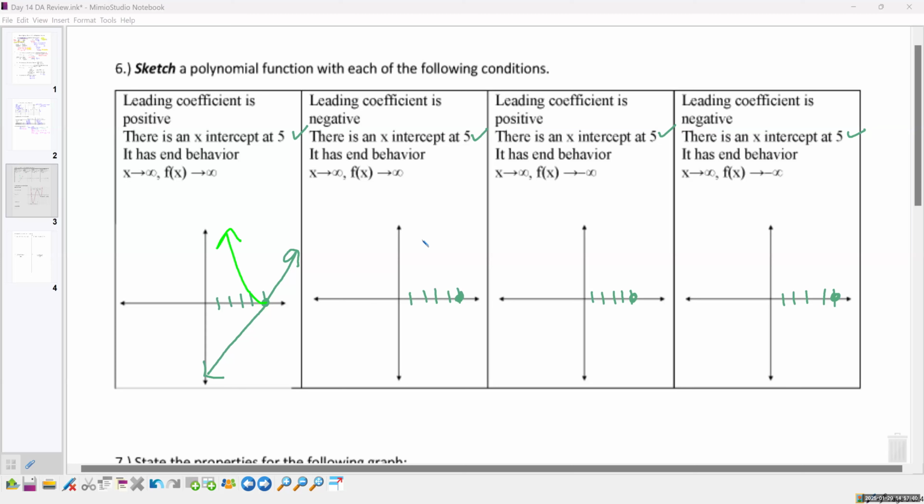Okay, so for the next one, we also have a right end behavior going up, but we have a negative leading coefficient. So if the right goes up and it's negative, this one doesn't work.